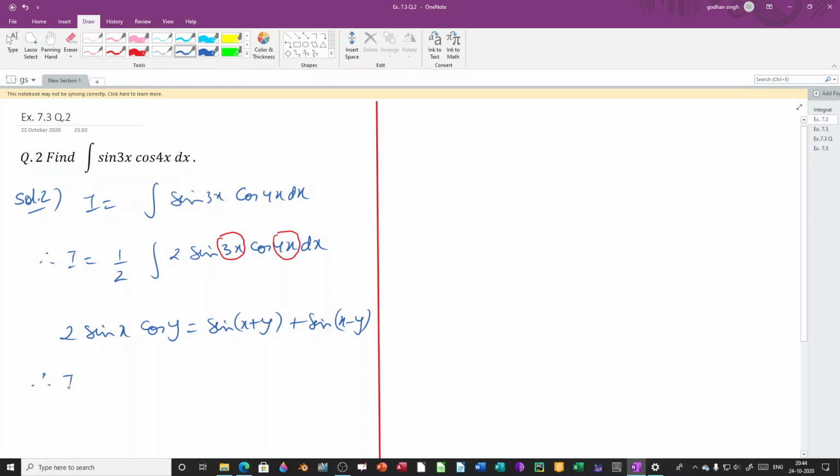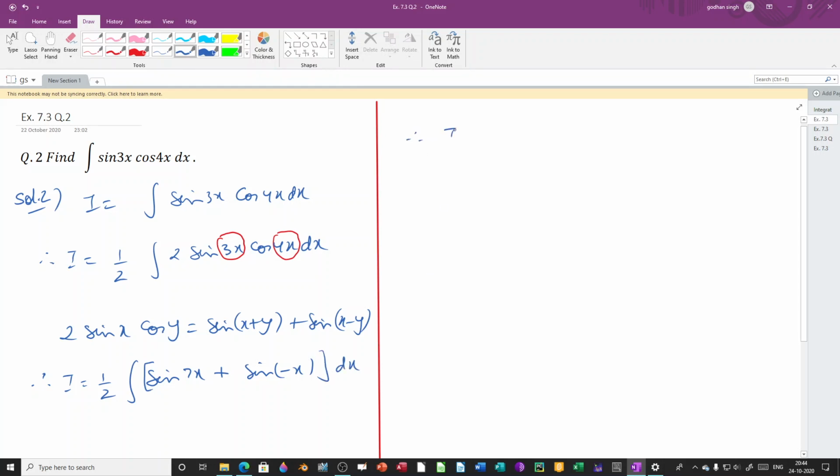Therefore I equal to half the integral of, applying the formula, x plus y, that is 3x plus 4x, which gives us 7x. So we get the integral of sine 7x plus sine of the difference of x and y. Our x is 3x and our y is 4x, so 3x minus 4x is minus x, and here we put dx.